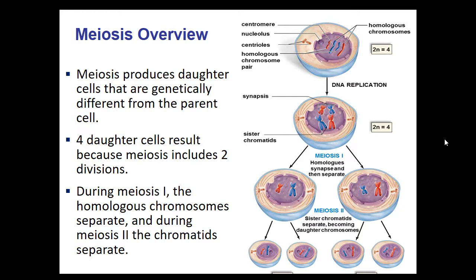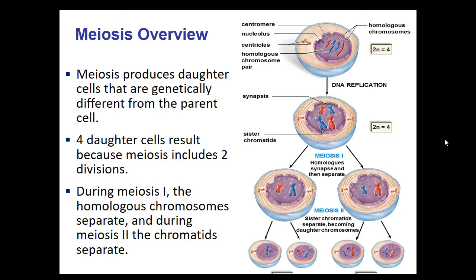When these chromosomes of each pair separate in meiosis 1 and go into these daughter cells, the way it happened in this diagram is this daughter cell got a blue number 1 chromosome and a red number 2 chromosome, and this one got a blue number 2 and a red number 1. But it could have happened a different way. This daughter cell could have gotten a red number 1 and a red number 2, and this one got a blue number 1 and a blue number 2.